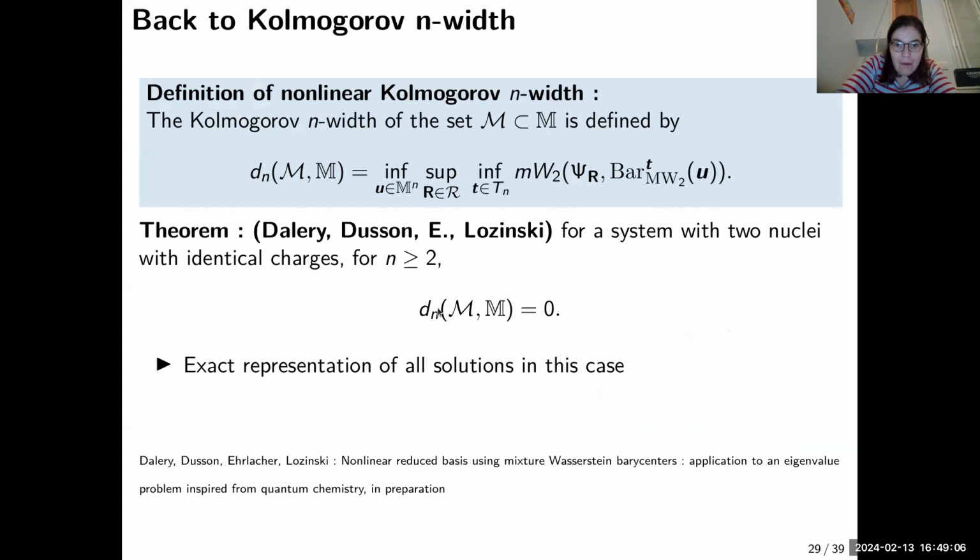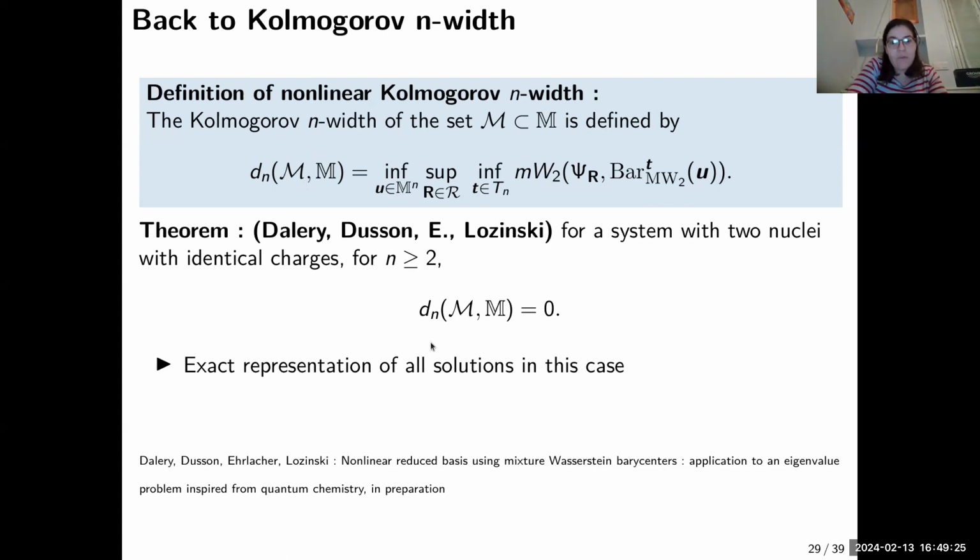And this can be expressed as a theorem using our toy one-dimensional problem, okay? In that case, you can define a Kolmogorov n-width concept associated to this modified Wasserstein metric.